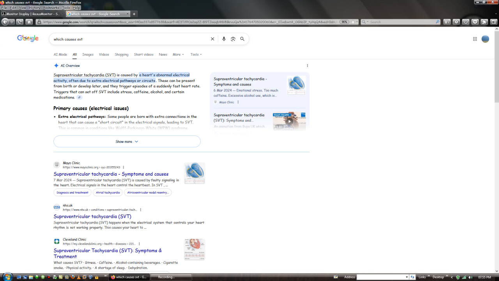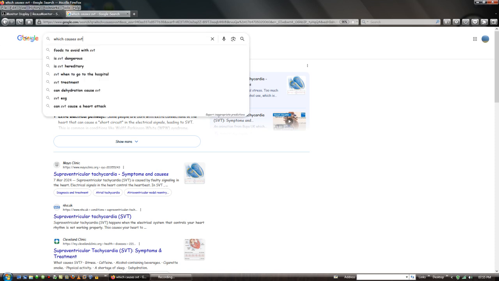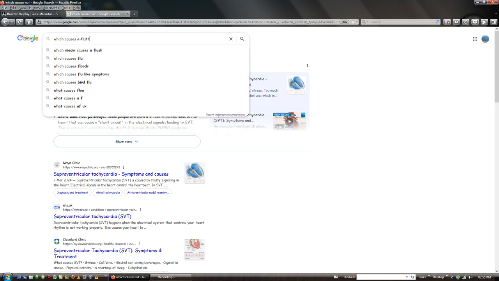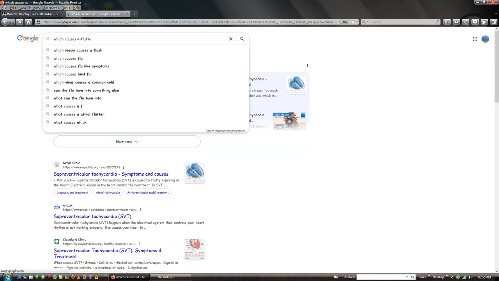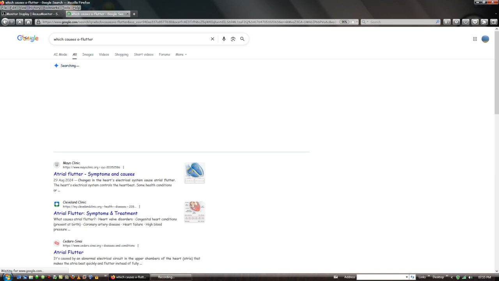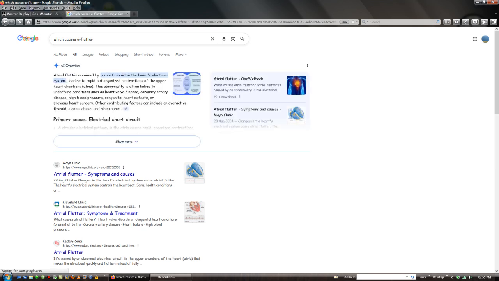happens from, I'll search it, flutter. It is caused by a short circuit in the heart's electrical system, leading to rapid but organized contractions of the upper heart chambers, the atria.